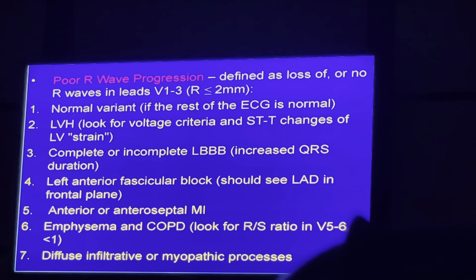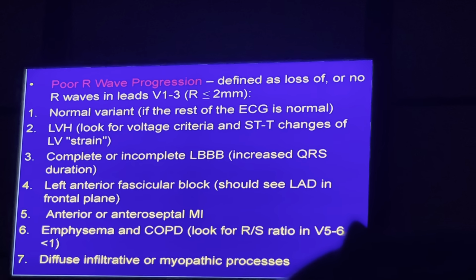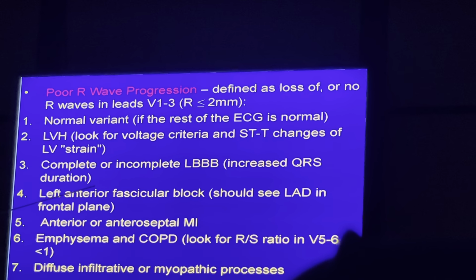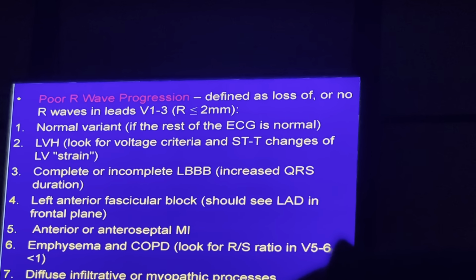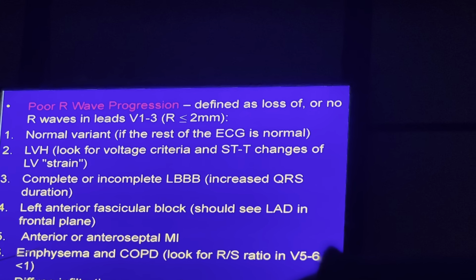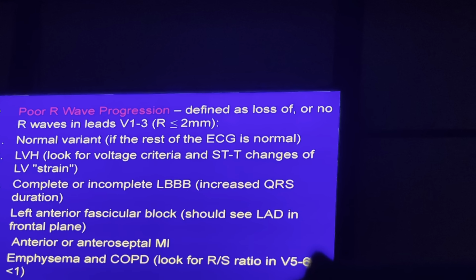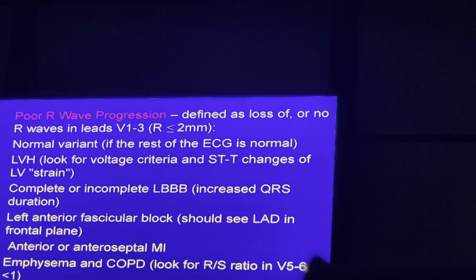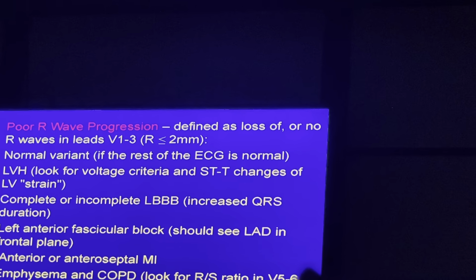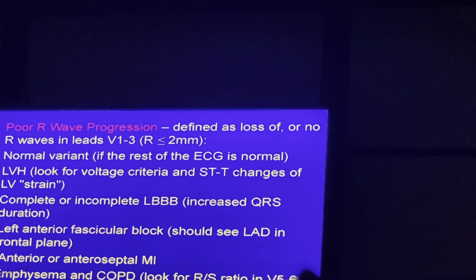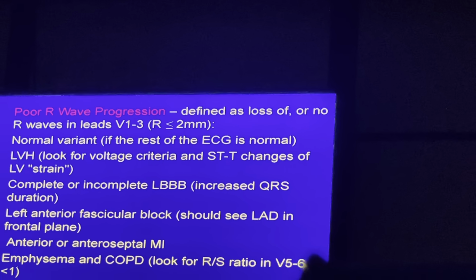In cases of LVH you may see poor progression of R wave. Also in left bundle branch block, left anterior fascicular block, anteroseptal MI, emphysema, and diffuse infiltrative process. So it means not all poor progression of R waves is due to anteroseptal MI, which we most of the time think.